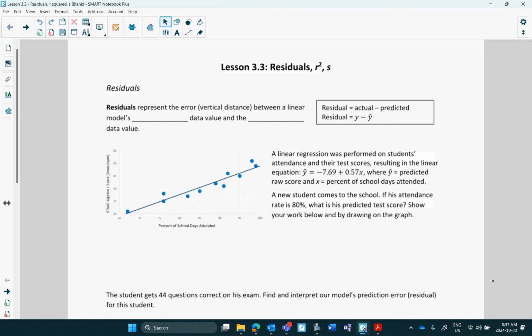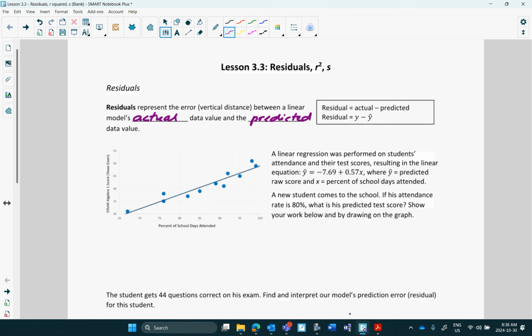This is just refreshing your memory. Actual value minus the predicted value that we get from the line. That's something you're going to have to commit to memory, that little formula.